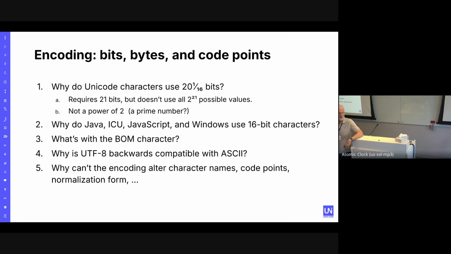So if you want to see what the name really ought to be, then you can look at the aliases, and we encourage implementations that show or take character names to take the aliases as well, so that you could use them, for example, in regular expressions, where you can identify characters by name, and they should take the name alias as well.